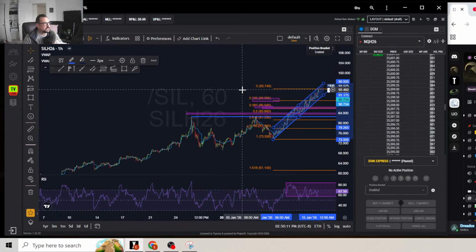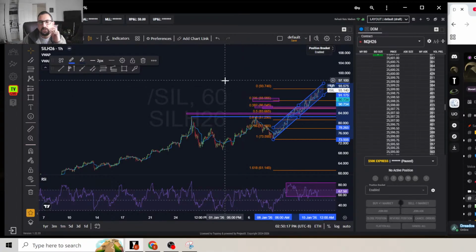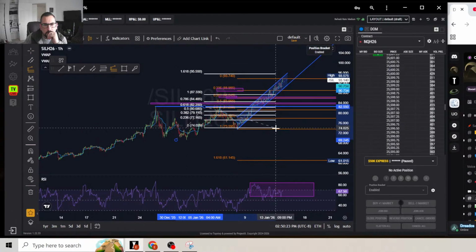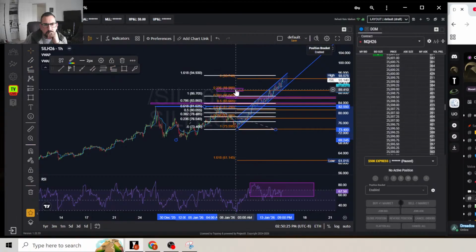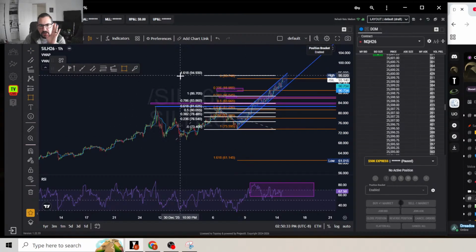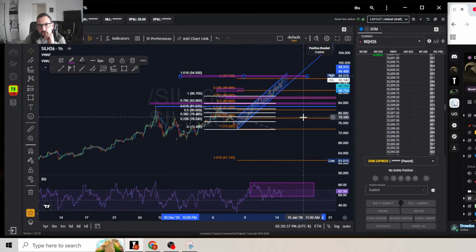We have our extension levels here. You see this pullback here, lining up with this 94.93 area, kind of like 95 area-ish. So all of my extensions that I've drawn have put us right around this area right here for a short.